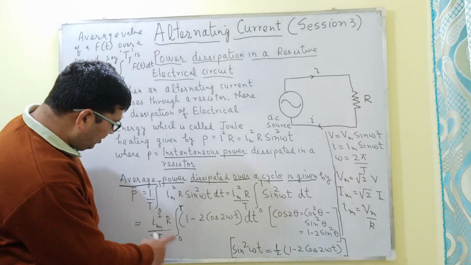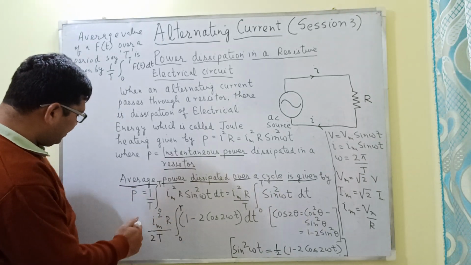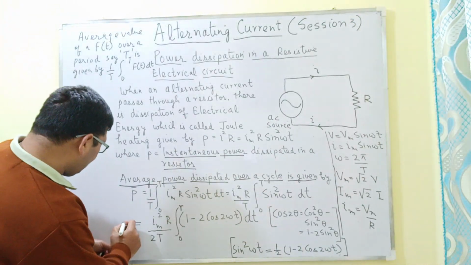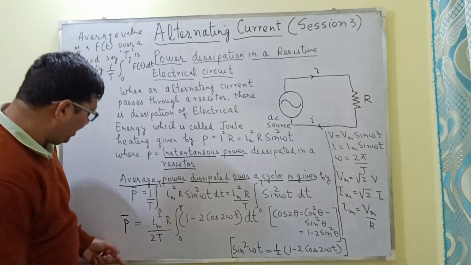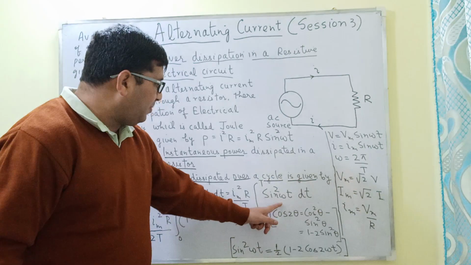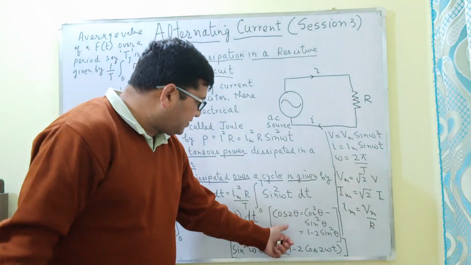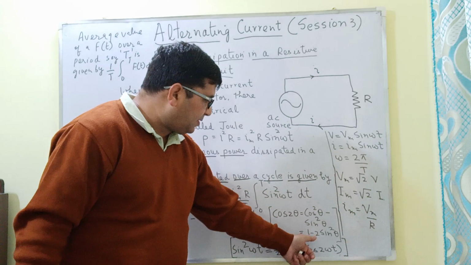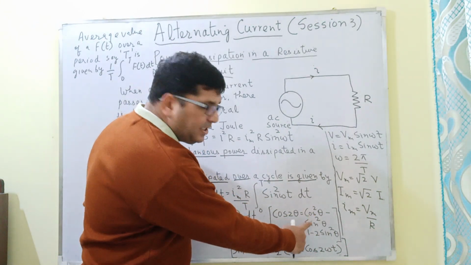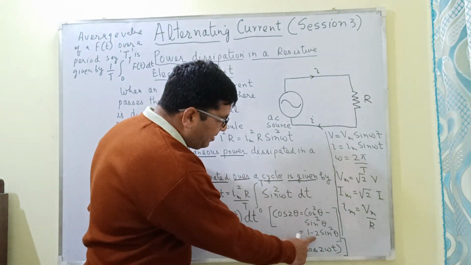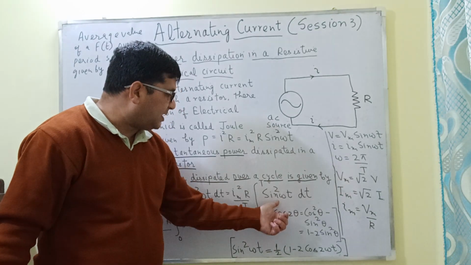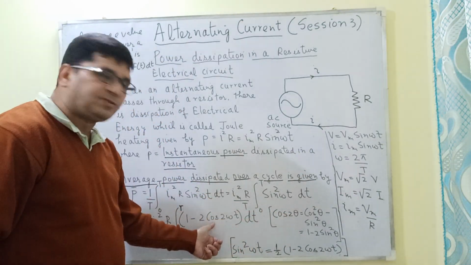So now this average power is depicted by P bar, so P bar will be equal to Im square R. Now, for sin square omega t, there is one mathematical expression: cos 2 theta is equal to cos square theta minus sin square theta. If I put the value of cos square theta as 1 minus sin square theta, I will get 1 minus 2 sin square theta. So I use this expression to write sin square omega t in terms of cos 2 omega t.